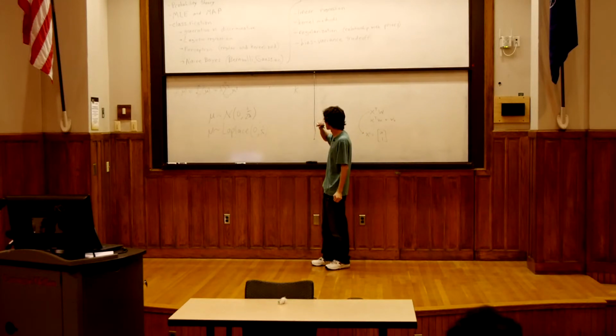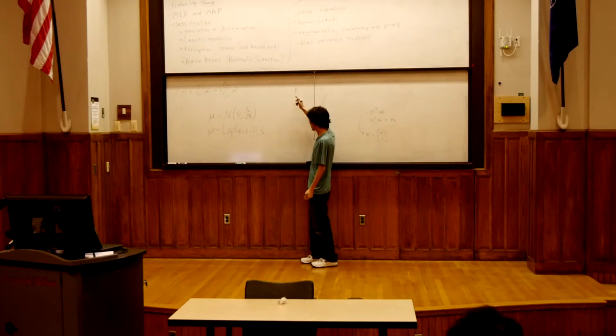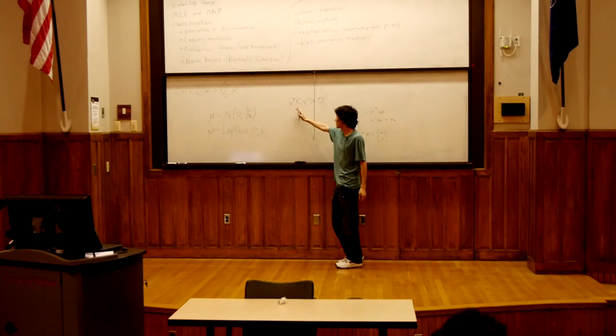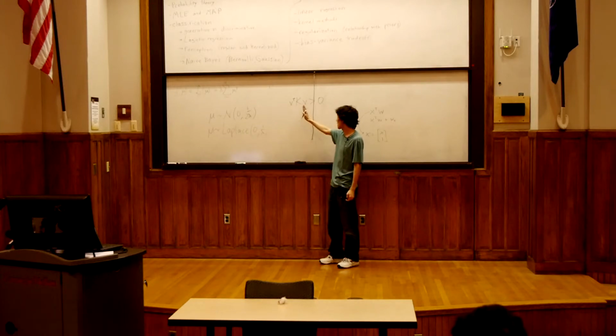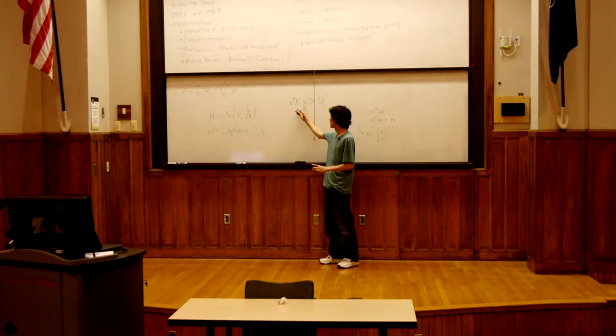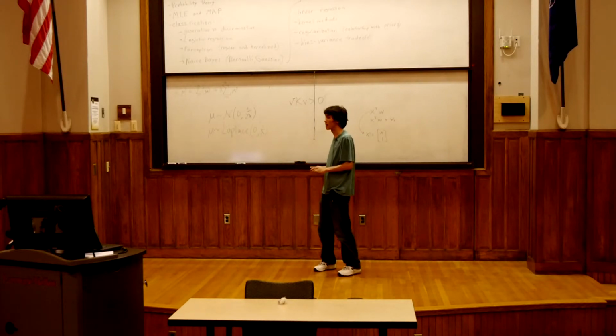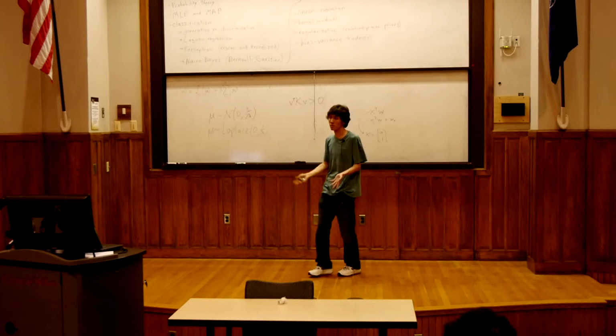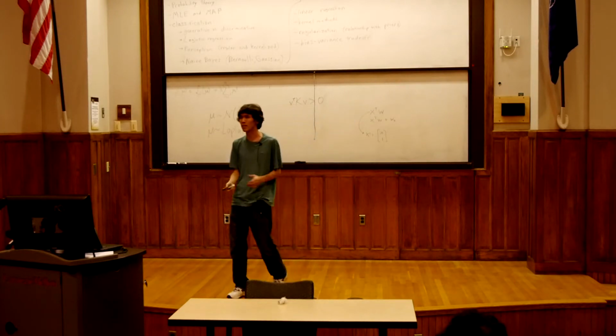The formal definition is that for any vector v, if I take v transpose times the matrix times v, that gives me a positive number. In a sense, this is like saying distances must be positive. I can find the distance of a vector v with respect to some matrix K, and I have the constraint that it must be positive. That's something you want from distances: you don't want negative distances.